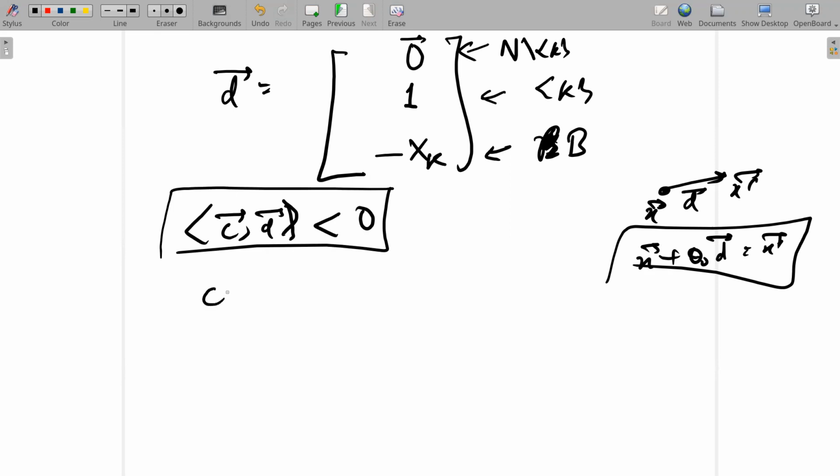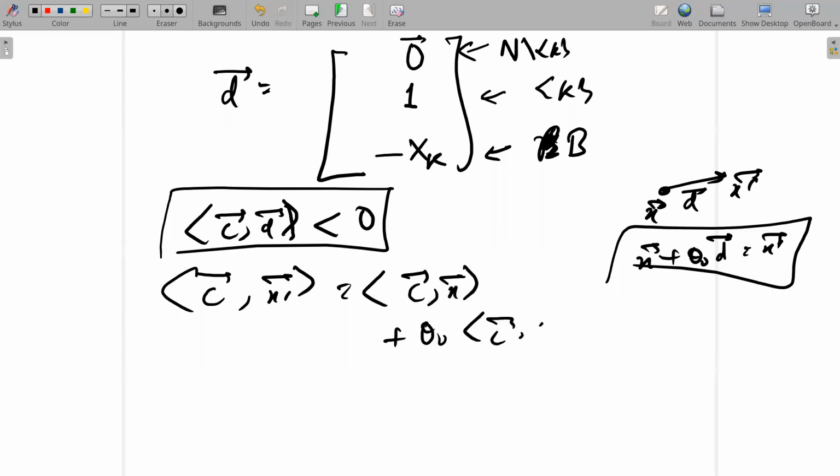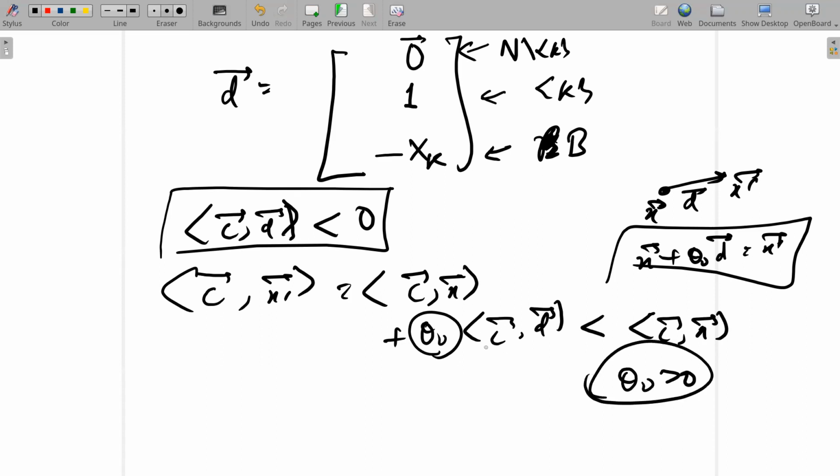And so essentially you have C of x prime equal to C of x plus theta naught C of d, which is strictly less than C of x, and theta naught is strictly positive, let's say. So then c dot d has to be strictly negative, right? That's the whole point here.